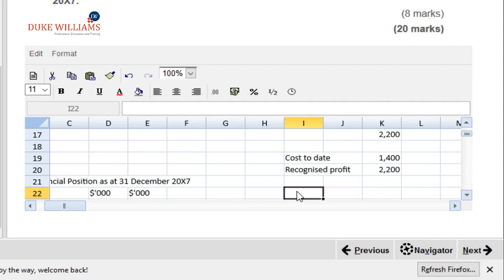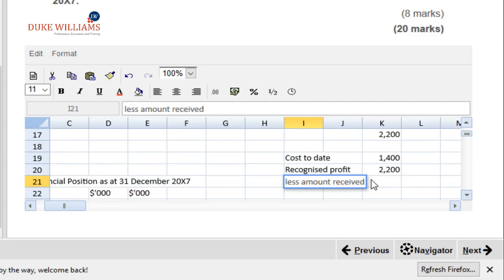Then we'll less the billed amount, which is the amount which has been received. So less amount received.